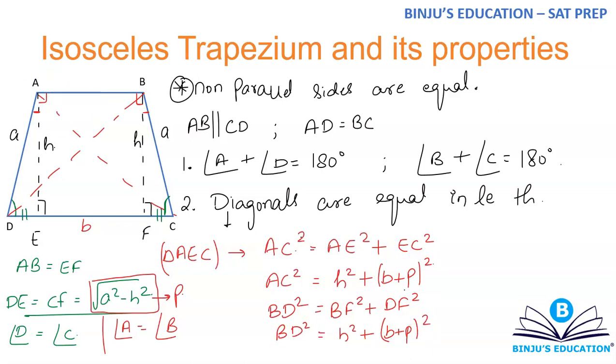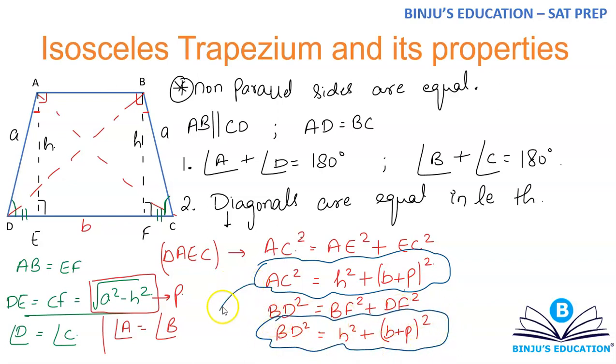So you can see for yourself that the two things are equal, that is AC square and BD square. Okay, so diagonals are also equal. These are the couple of things which change when you come from a normal trapezium to an isosceles trapezium, and an examiner can ask you questions based on these properties.